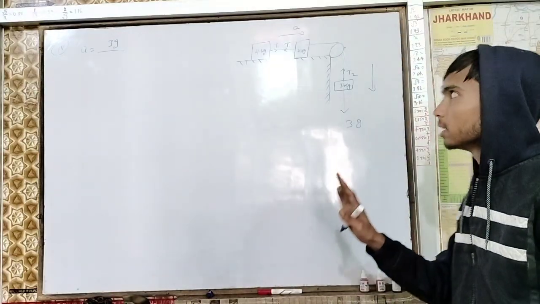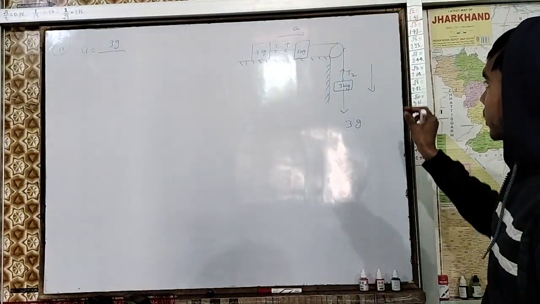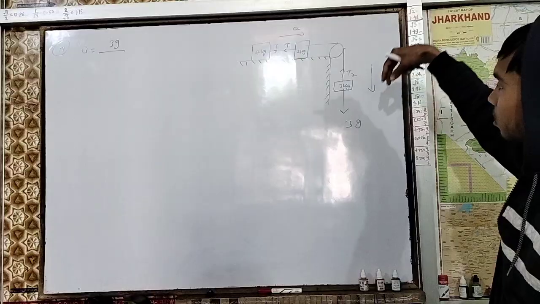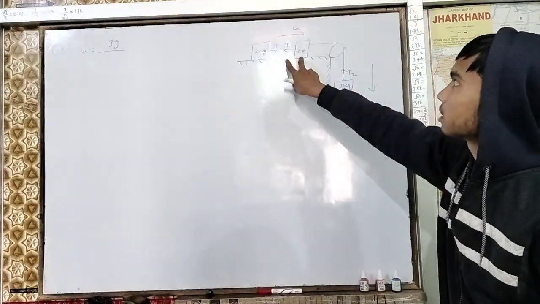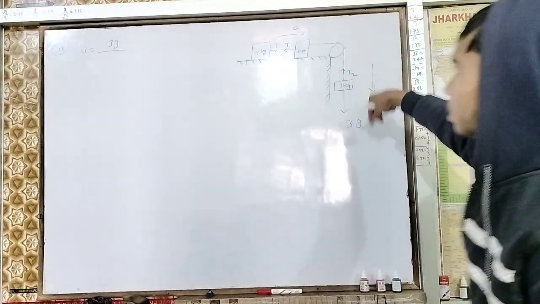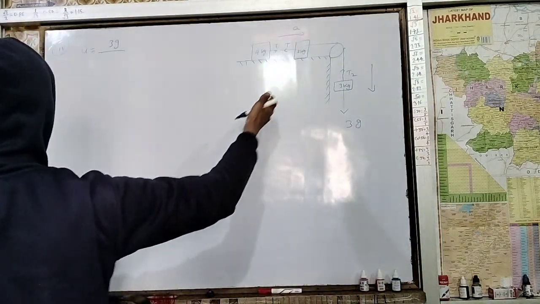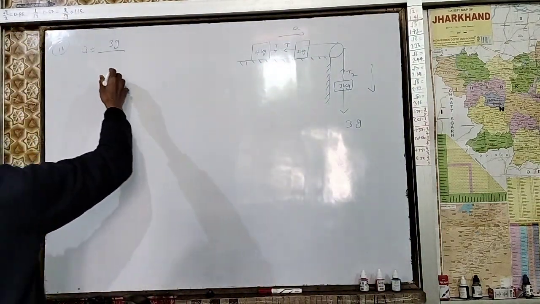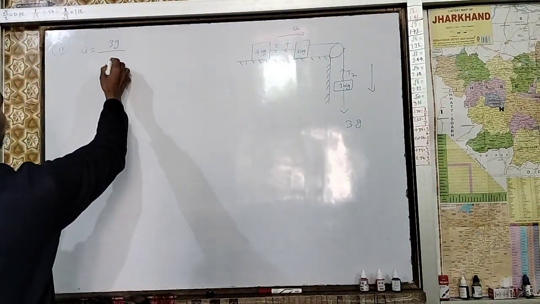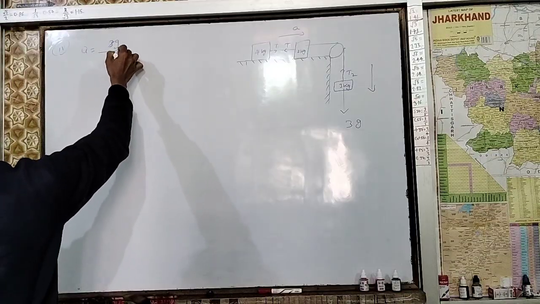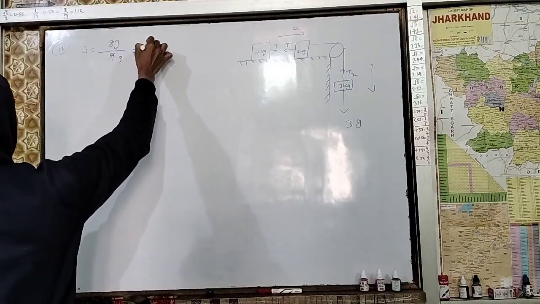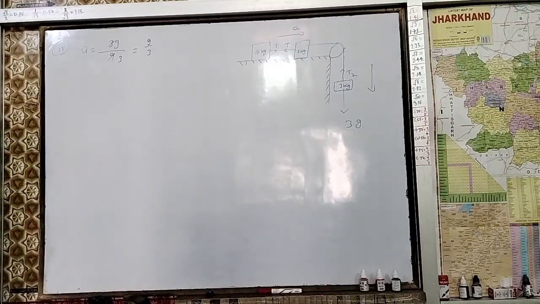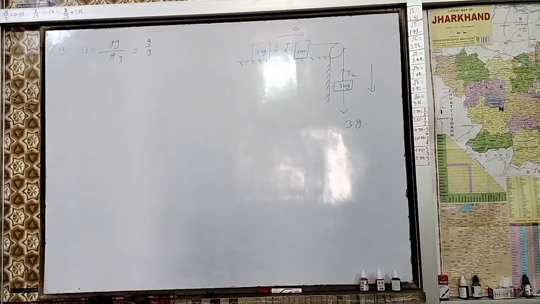Nobody is stopping the backward side. This block is pushing all these two objects downward, or you can say forward. So total mass is 4 plus 2, 6, 9. So our acceleration would be Z upon 3. This is our acceleration.